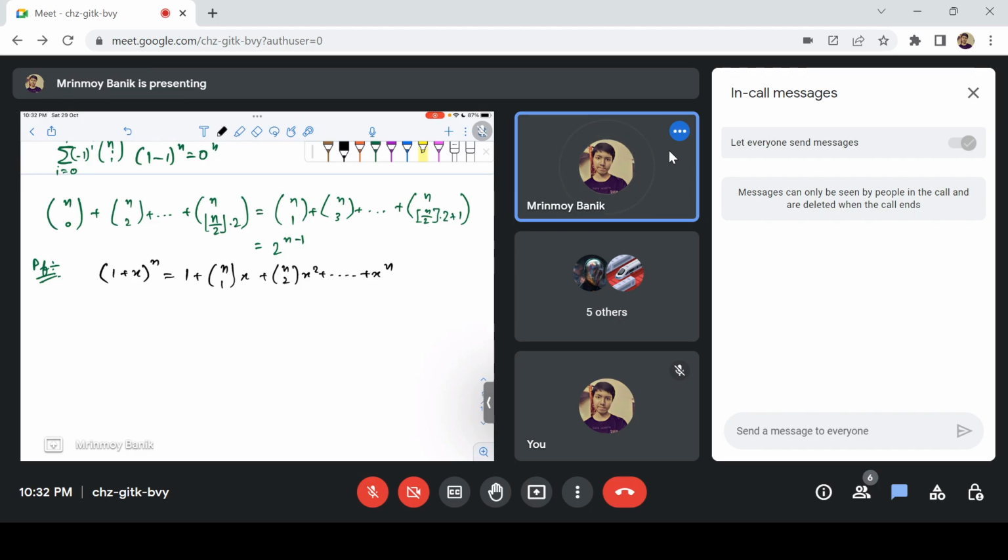Now we want only the even powers of x, not the odd ones. The constant term is basically nC0.